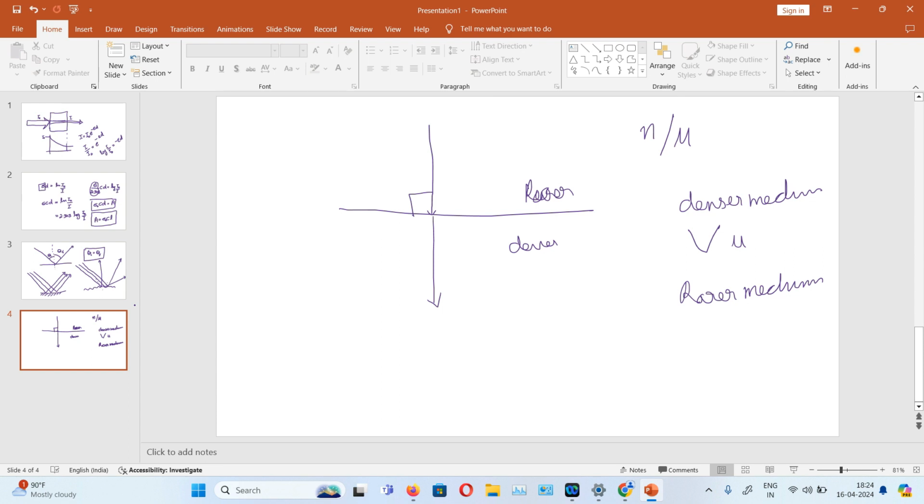So this is called a normal incidence. In the case of normal incidence, light passes with a velocity which is less in the denser medium compared to the rarer medium.